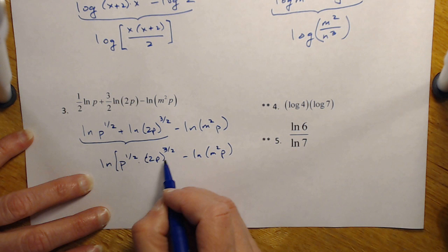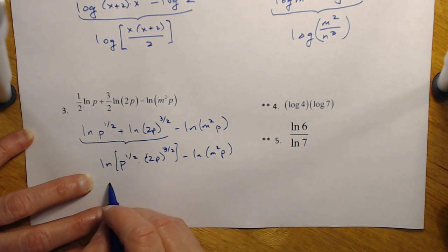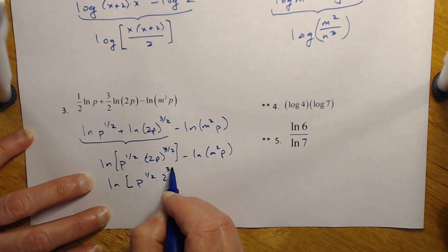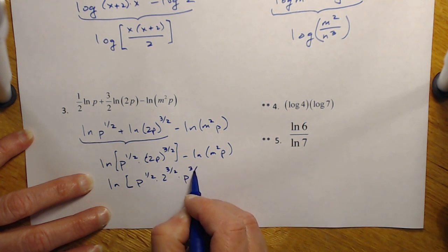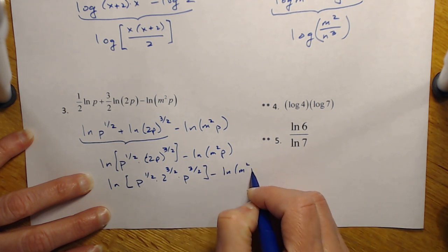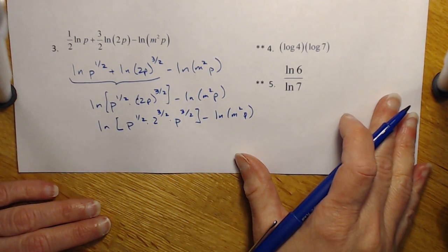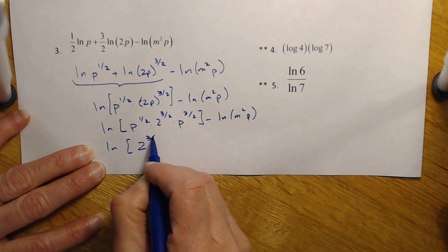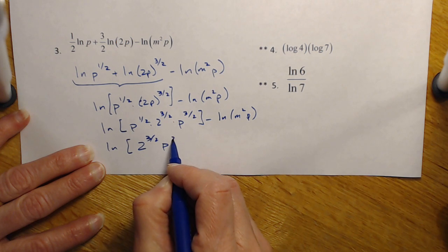I'm going to clean this up before we go too far. Okay, so that's ln p to the 1/2, 2 to the 3/2, p to the 3/2. Okay. So I'll combine those p's. So 2 to the 3/2, 1/2 plus 3/2, remember, is 2.